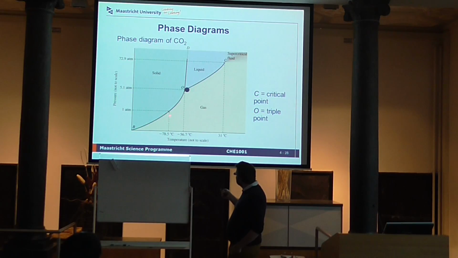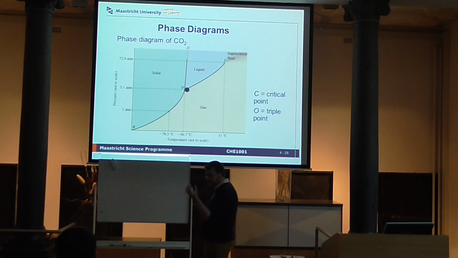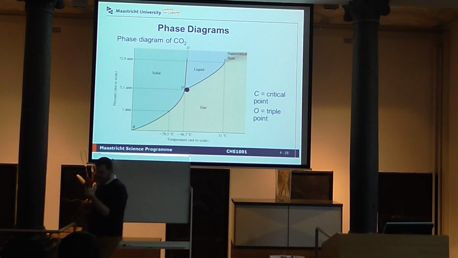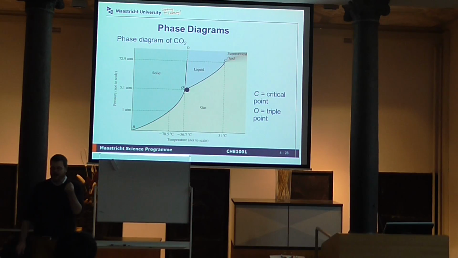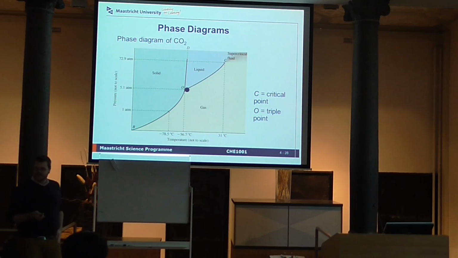And at 1 atmosphere, it goes from solid directly into the gas phase. So we know that happens, it sublimes. If you have carbon dioxide, dry ice, it vaporizes, it sublimes. And we see that from the phase diagram. At 1 atmosphere, at -78, which is its freezing point, it goes from the solid to the gas phase.